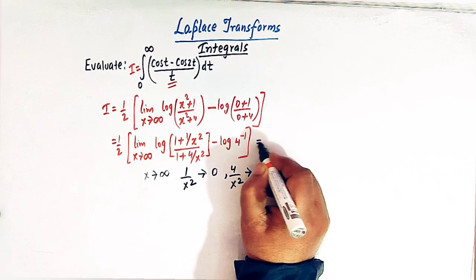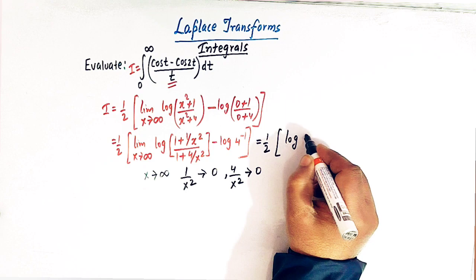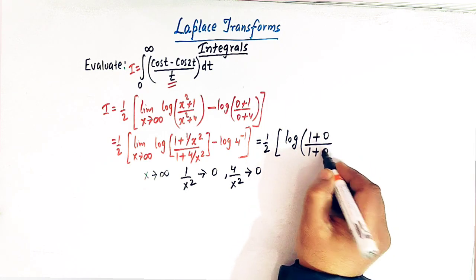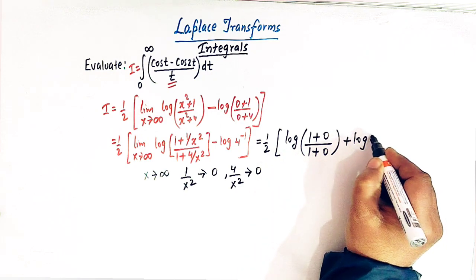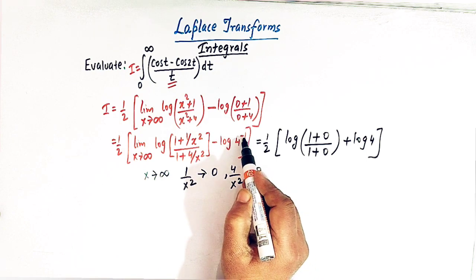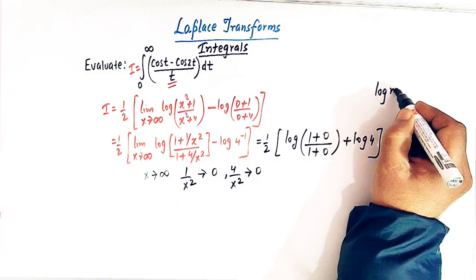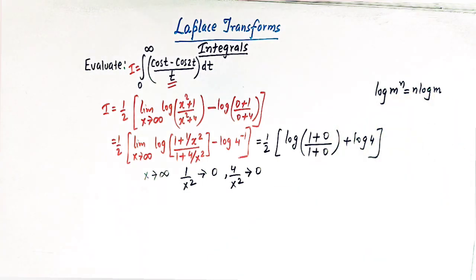So now we can write half, and here we have log of 1 plus 0 divided by 1 plus 0, and here we have plus log of 4, right? So applying the properties of log, that is log m raised to n is n log m, right?